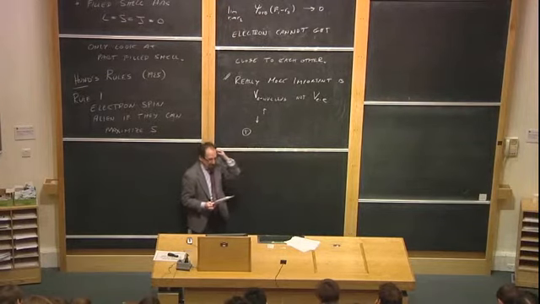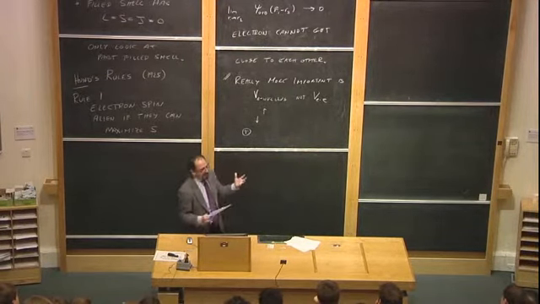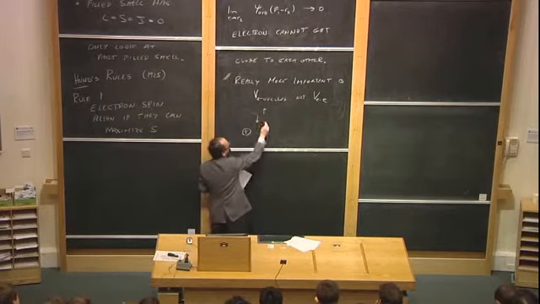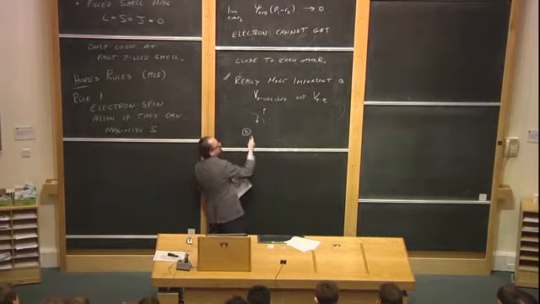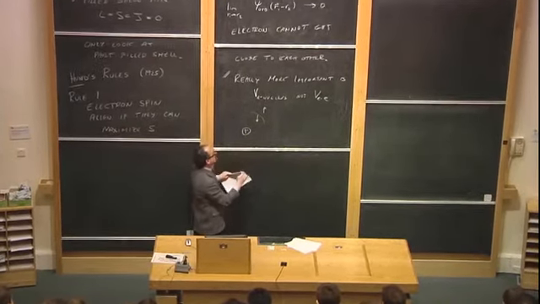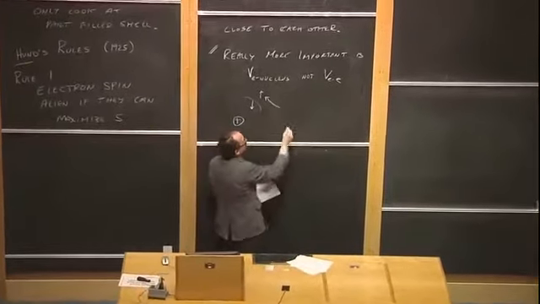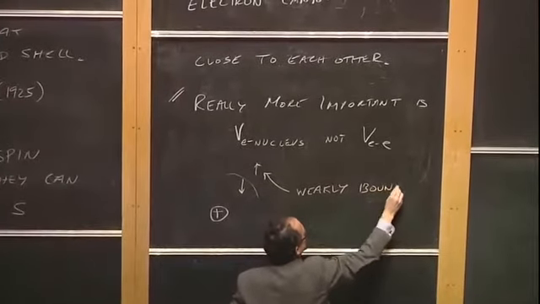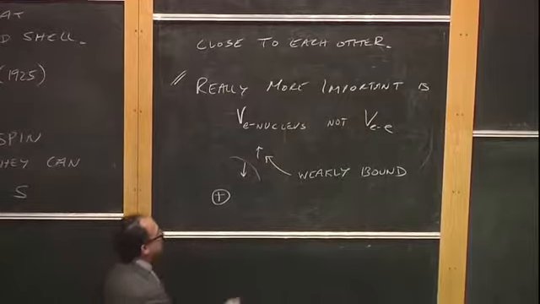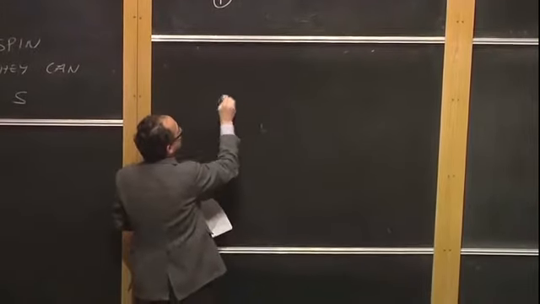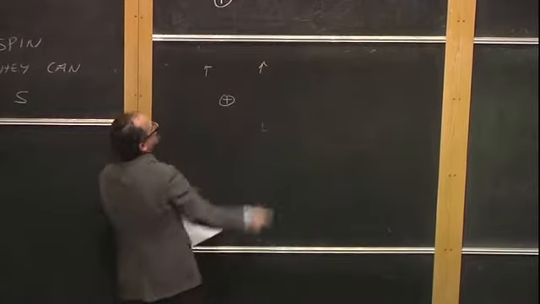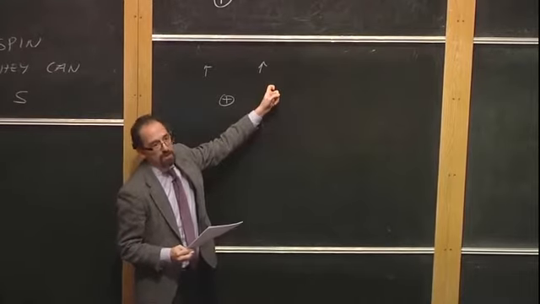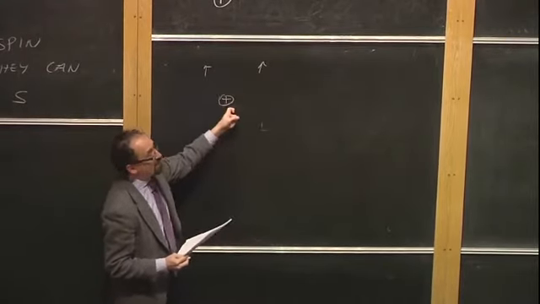Now remember when we went back and we talked about electronegativity and ionization energy, when one electron can get inside the orbit of the other, it can screen the electron from the nucleus and make the effective nuclear charge look smaller. As a result, the electron on the outside is weakly bound because it sees a smaller effective nuclear charge. On the other hand, if you align the spins of the electrons, then the electrons can't get close to each other, and in particular, this electron cannot get inside this electron's orbit, and it can't screen this electron from the nucleus.